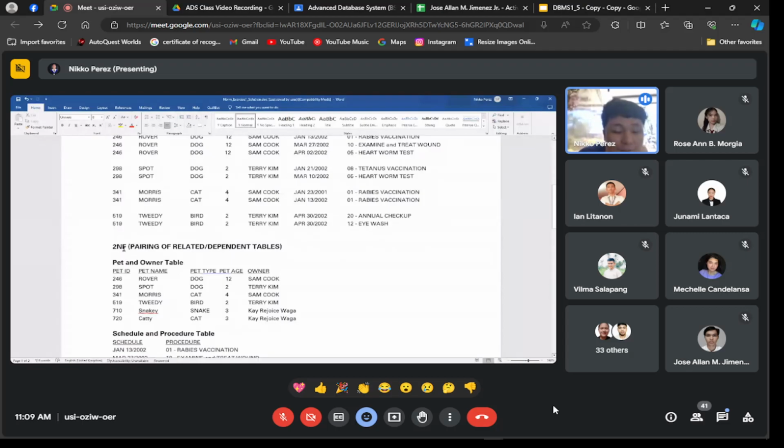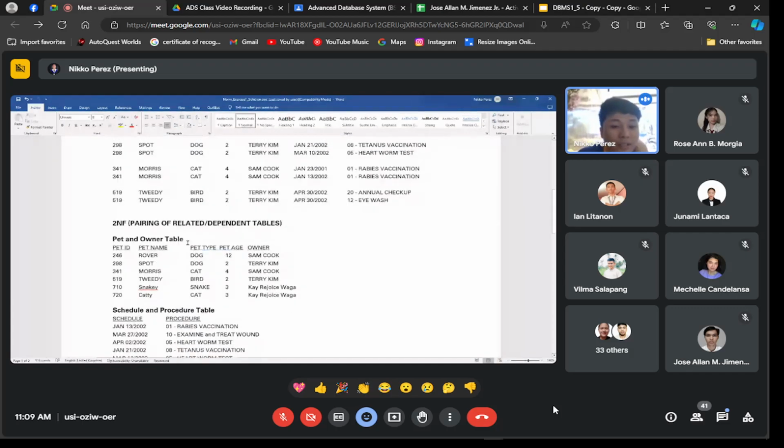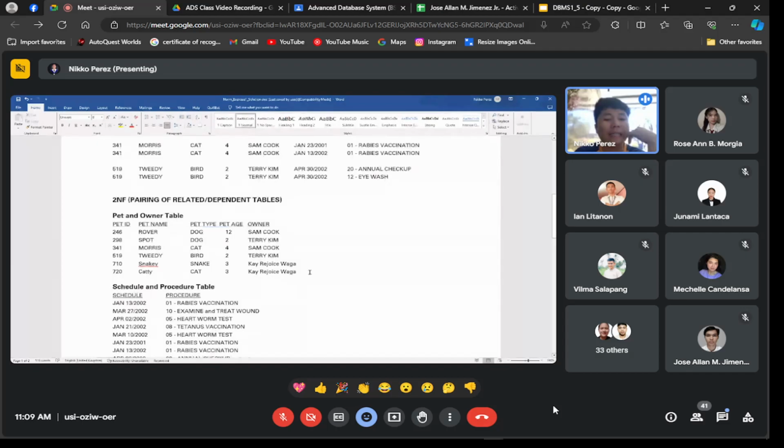So second normal form class, the second normal form is we have to pair the related and dependent tables. So if you observe here, the pet and the owner, these are related tables because who owns the pet, di ba? Ang owner. So that's why they are in the same table as one.